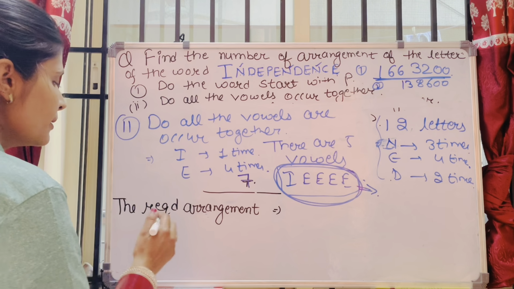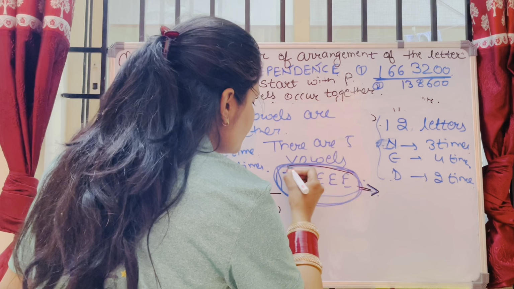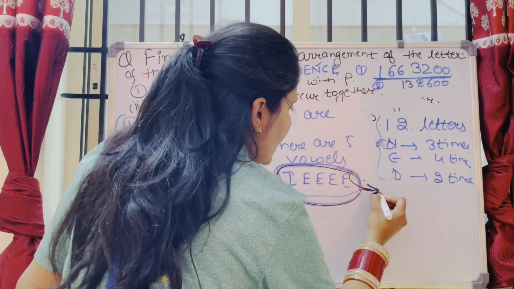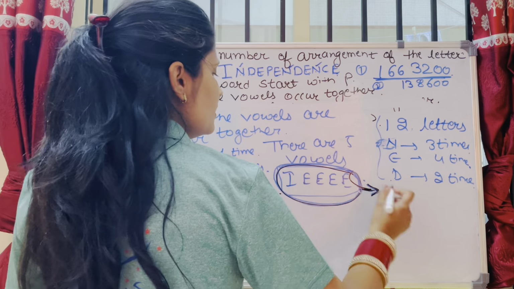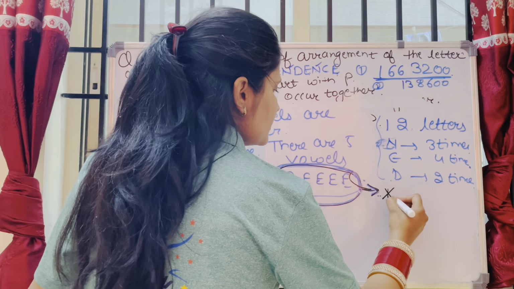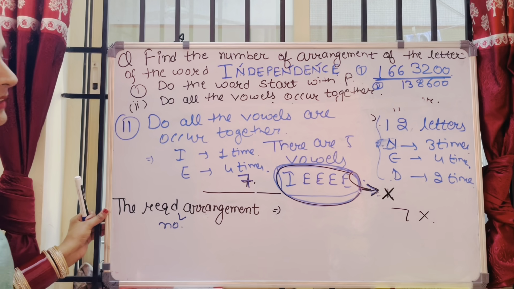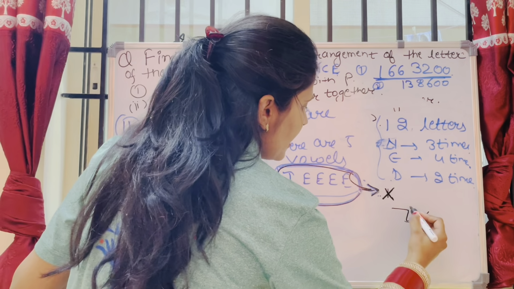Now the required number of arrangements is equal to, let's take these 5 letters as one letter. For example, this is only one letter, for example, X. 7 and X. So how many total letters are there? 7 plus 1, that is 8.